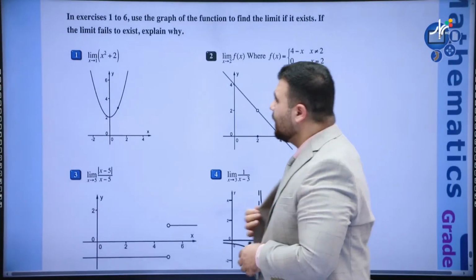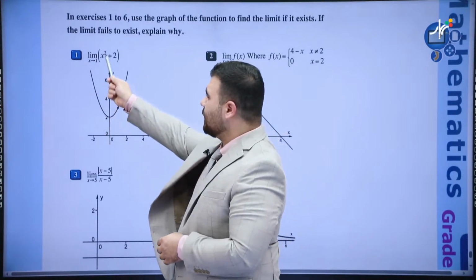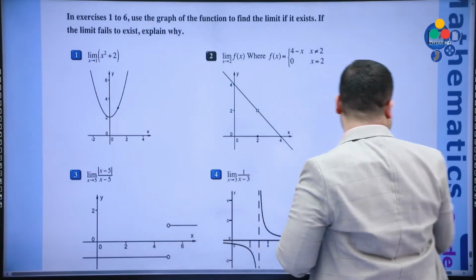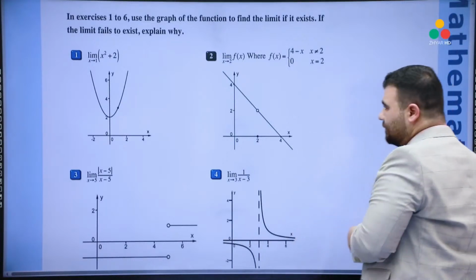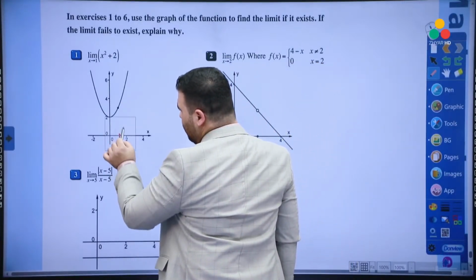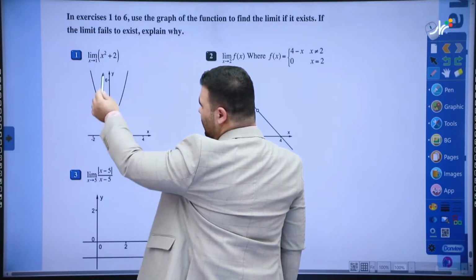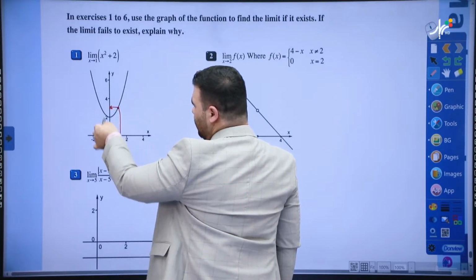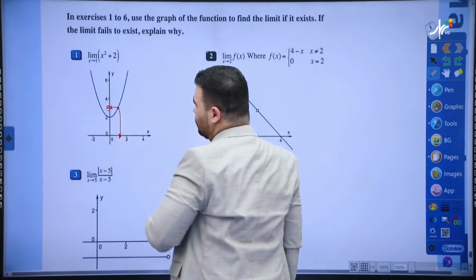Number 1. Limit as x approaches 1 of x squared plus 2. X approaching 1, 1 is here. Since the graph is one piece, at 1, the result is between 4 and 2, which is 3.